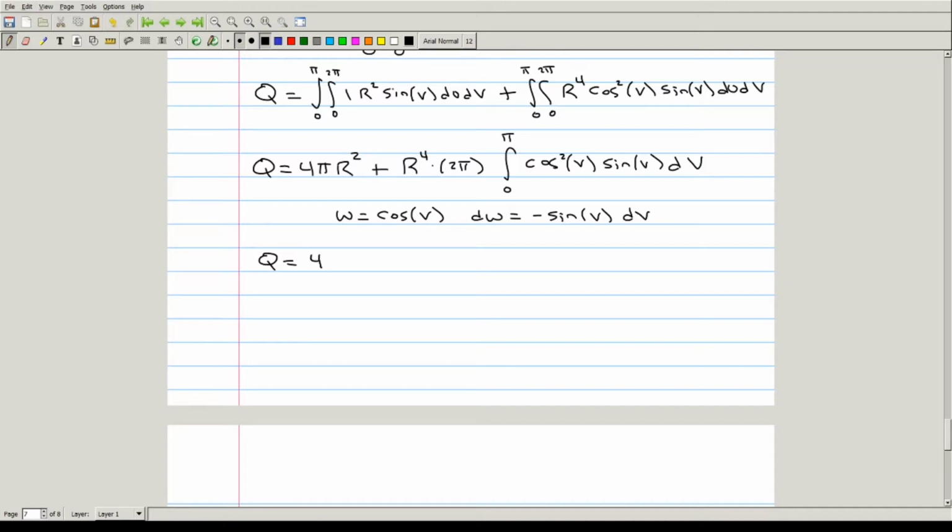The total charge on the sphere is 4 pi r squared plus 2 pi r to the 4th, and for the limits, when v is 0, cosine is cosine of 0, which is 1. When v is pi, cosine of pi is negative 1.